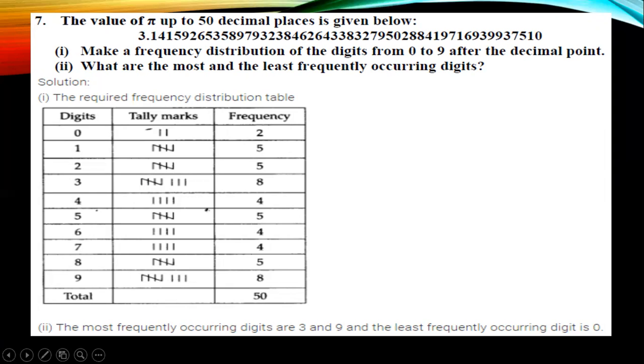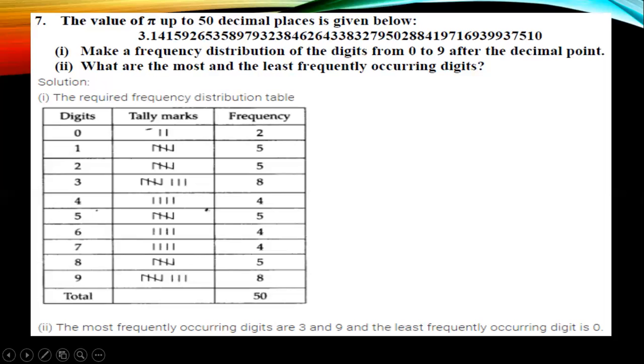Now, we have been asked to make a frequency distribution table of the digits from 0 to 9 after the decimal point. So, we have been asked to show how many times did the digit 0 or say 1 or up till the digit 9 come up after the decimal places. I repeat again, after the decimal point.